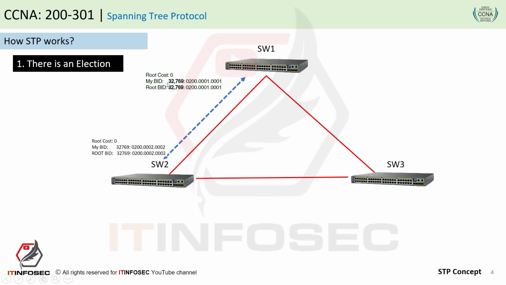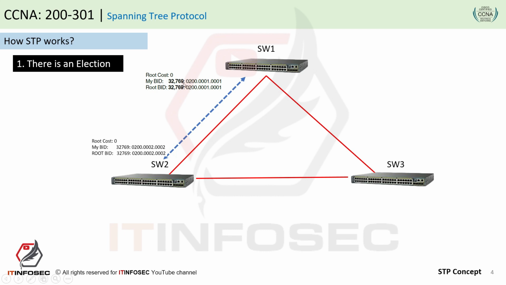The first part is the priority number, which is a default of 32769, plus the specific switch MAC address. That is unique, okay? And SW1 claims it is the root switch, because it thinks it has the best bridge ID and the best MAC address.